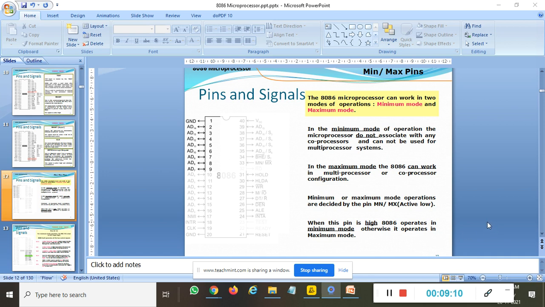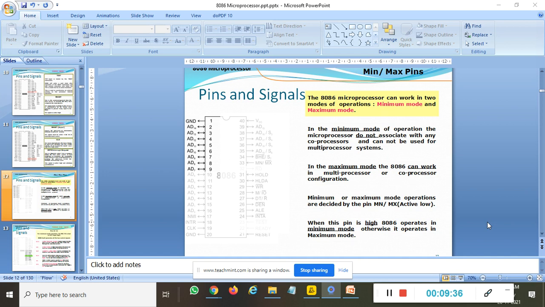So now, minimum or maximum mode operation is decided by the pin MN/MX, active low. When this pin is high, it operates in minimum mode, and otherwise it operates in maximum mode.